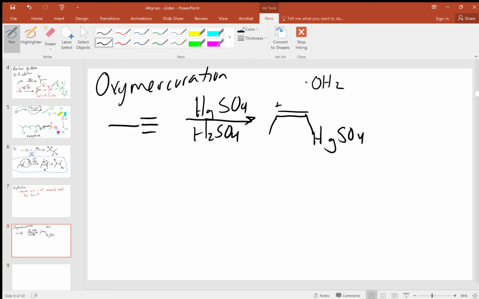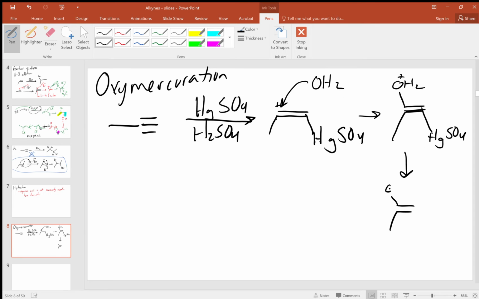From here, water will attack that cation to give us an intermediate that looks very similar to what we saw in the alkene oxymercuration. It loses a proton to then give us the alcohol.